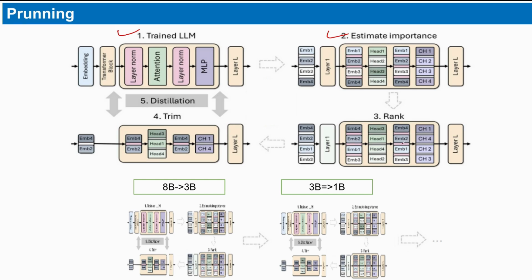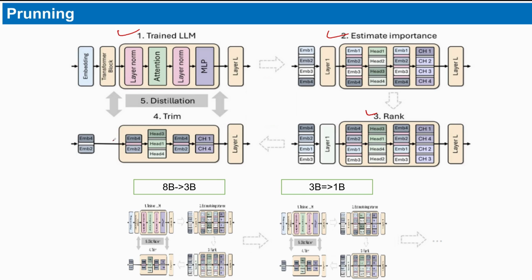According to that, they estimate the importance. They remove some such component and check how the logits score changes, taking the logits score of the actual model as reference. According to that, they rank all these components from the higher rank to the lower rank. Then after that, they apply the trimming.